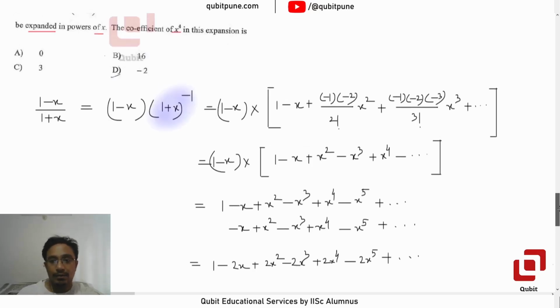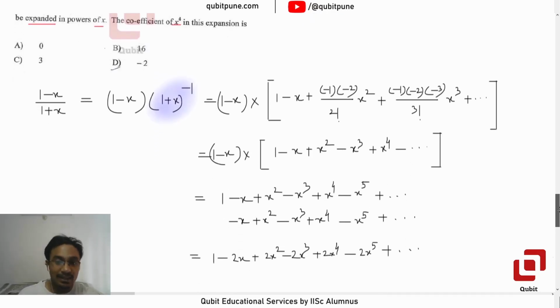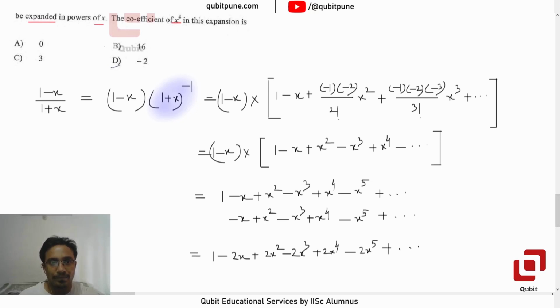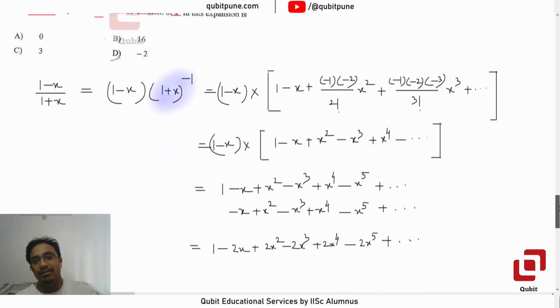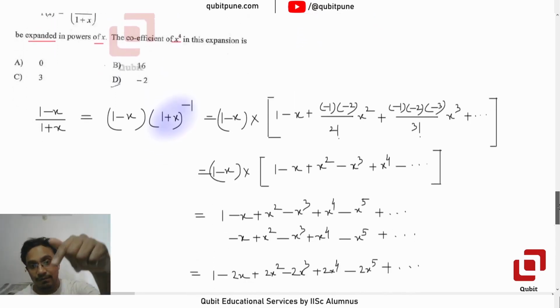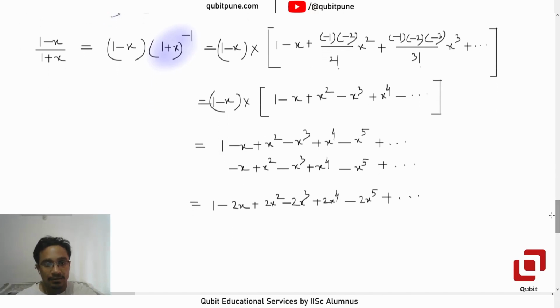Now the coefficient of x raised to 4 in this term is 2, but we don't want it. We want the expansion of this raised to 2, and the coefficient of x raised to 4 from that. So 1 minus x upon 1 plus x raised to 2 will be this whole term squared.